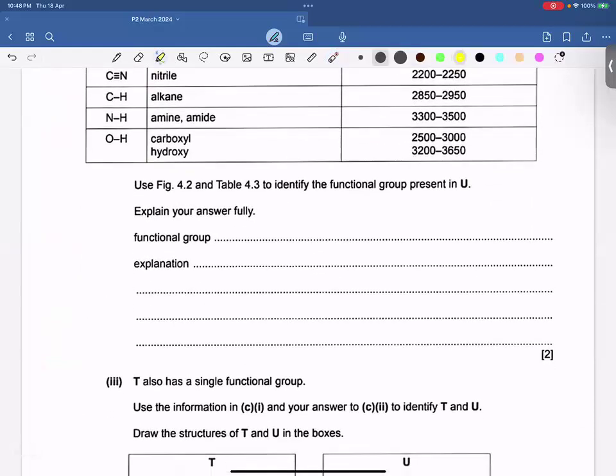Anyhow, use figures 4.2 and 4.3 to identify the functional group present in U. Explain your answer fully. Functional group: ester.